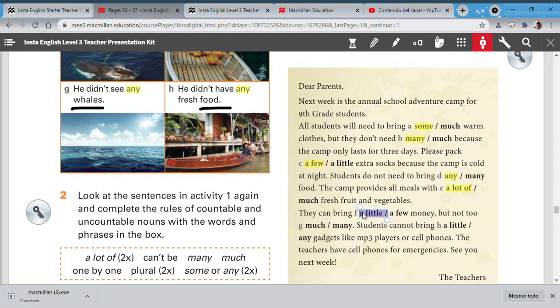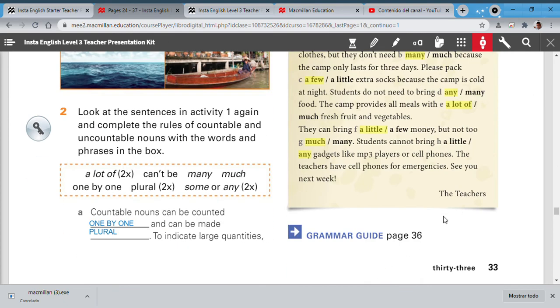Remember, money is uncountable, okay? But not too much, or not too many. Not too much. Students cannot bring a little or any gadgets, like cell phones, MP3 players, or something like that. Any, any. The teachers have cell phones for emergencies. See you next week, the teachers.